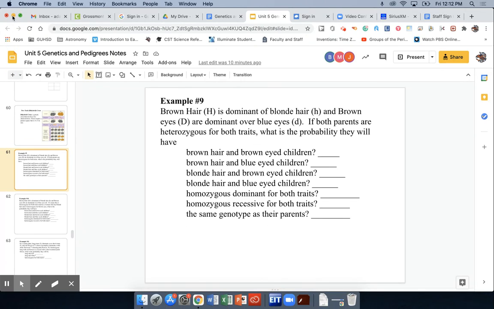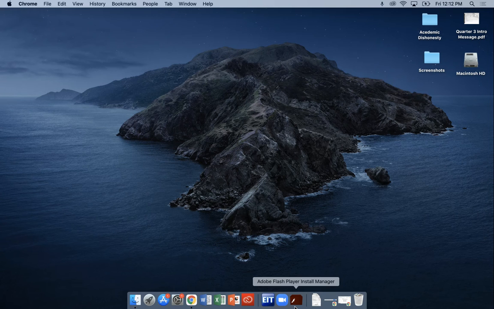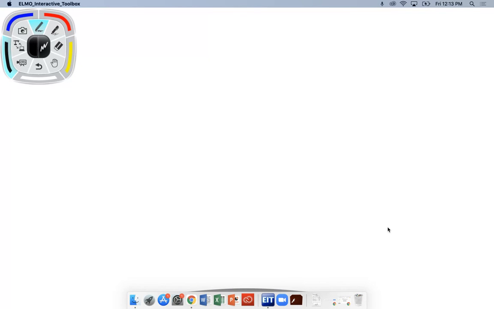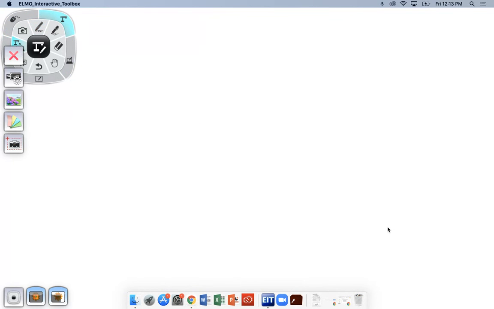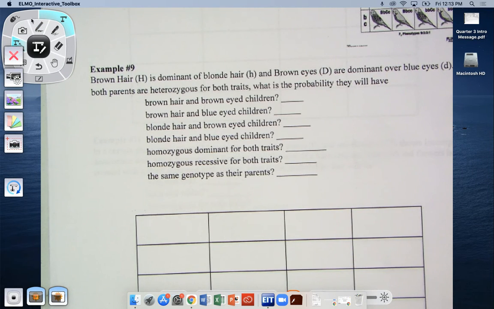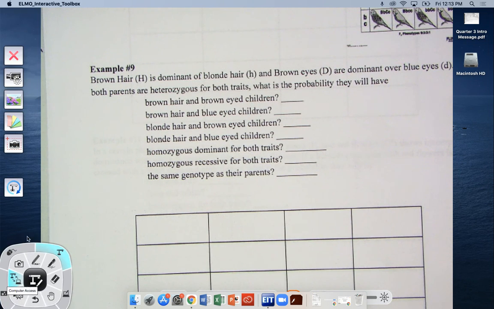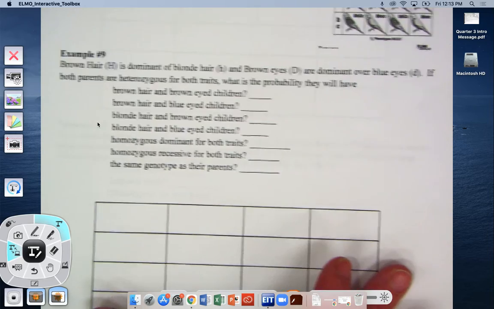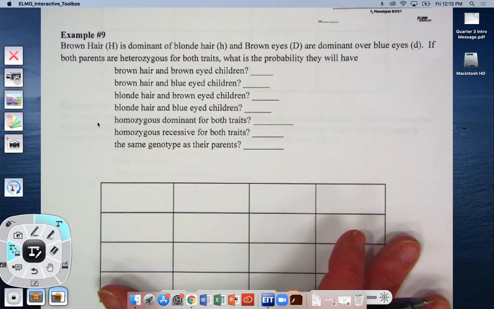So let's take a look at our problems on the worksheet. I did have a few typos, so I have corrected that. I know all of you have the version with the typos, so you might go, that's not what mine says. Just switch it out, as I did correct a few typos on here.